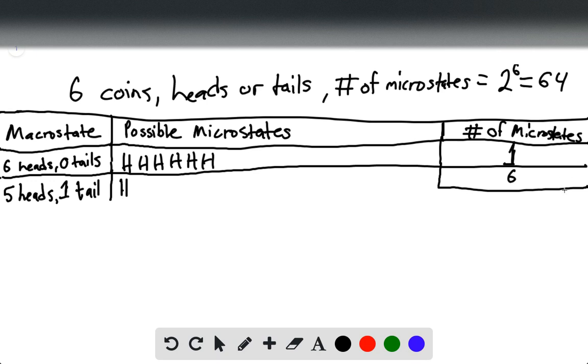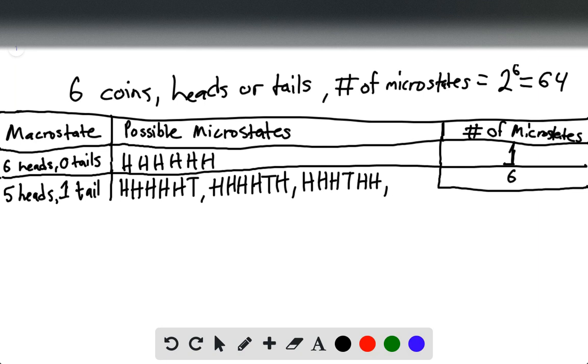So this would be heads, heads, heads, heads, heads, tails. We can also have heads, heads, heads, heads, tails, heads. You simply just need to, it is tedious in the sense that you just have to list them all.